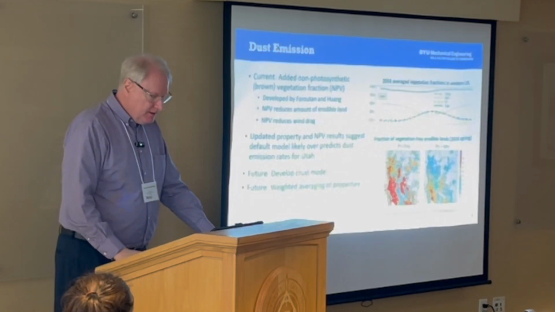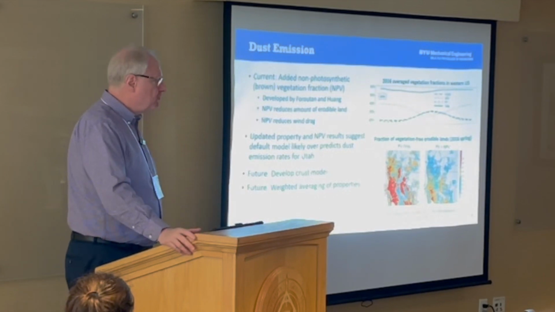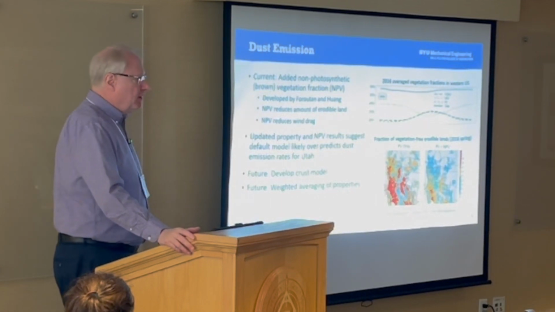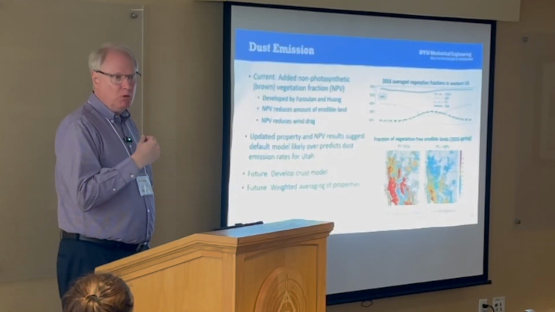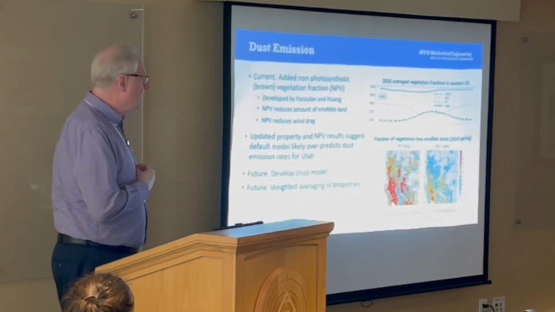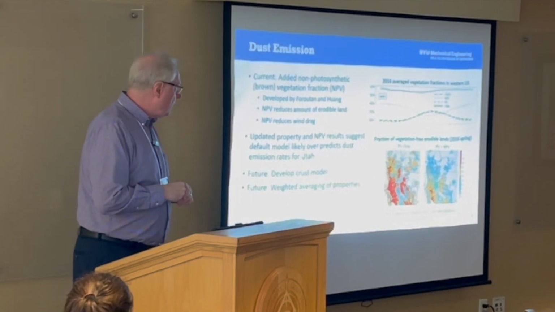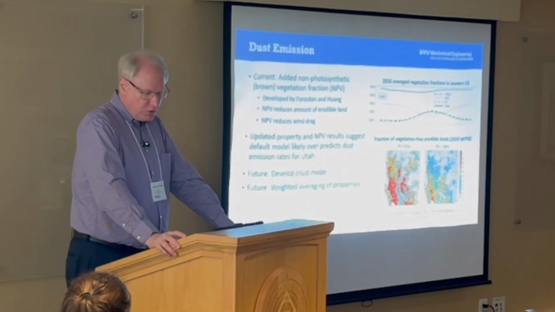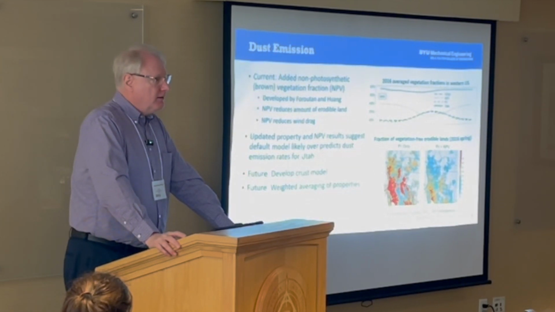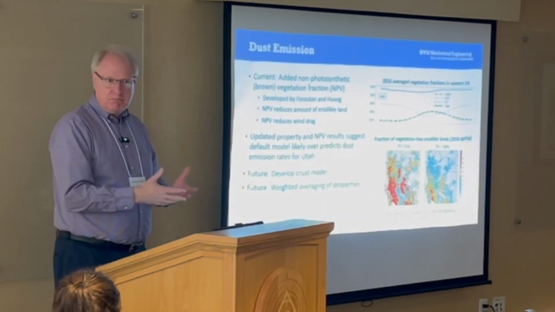The second area that we looked at was adding non-photosynthetic, or brown, vegetation fraction. This was developed by Hossein Faratun and his student Xinyue Huang over at Virginia Tech. They're on a subaward to BYU working on this project. On the right-hand side there, you can see some work Xinyue did in the western U.S. The green dash is for what you would call green vegetation, photosynthetic stuff.